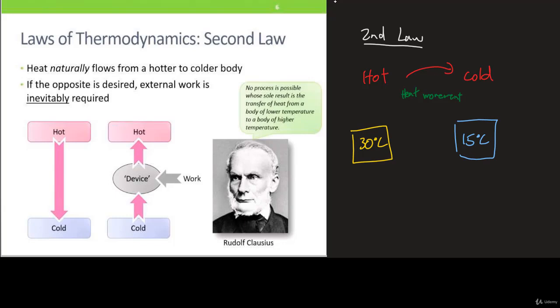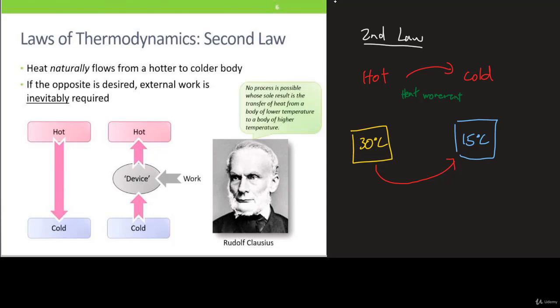When we use the word transfer, it must be from point A to point B. In this case, this object has a higher temperature, so heat will move in this direction. Heat will transfer from the hotter body to the colder body.